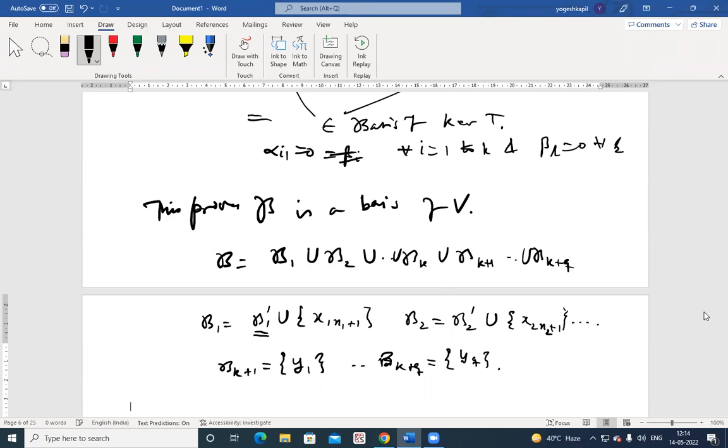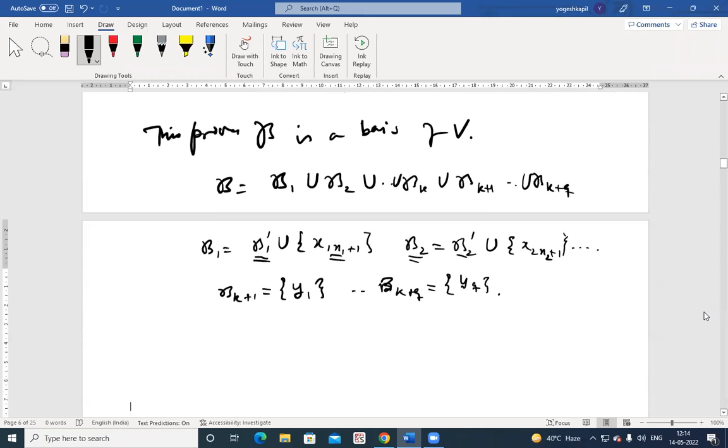Now all the Bi dashes are disjoint, and this is also disjoint, so they are basically disjoint sets. And are they not forming the disjoint unions of the Jordan chains?